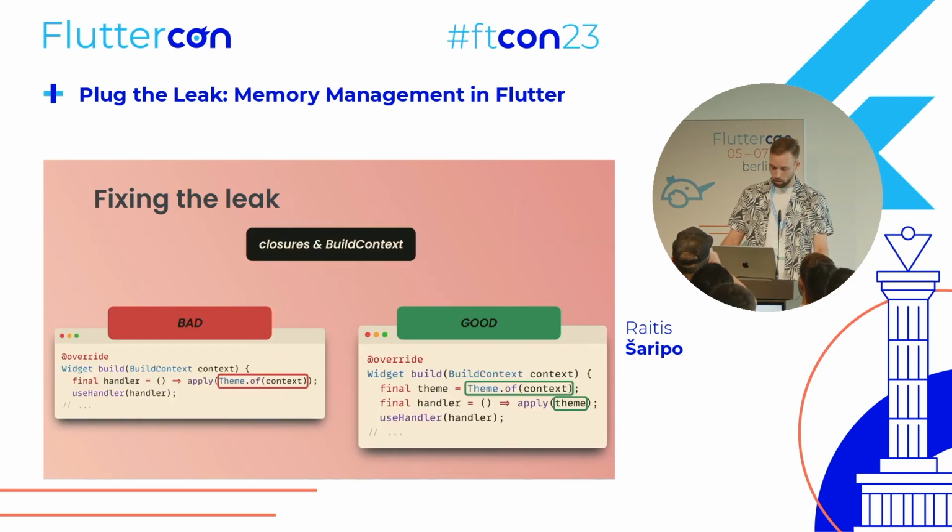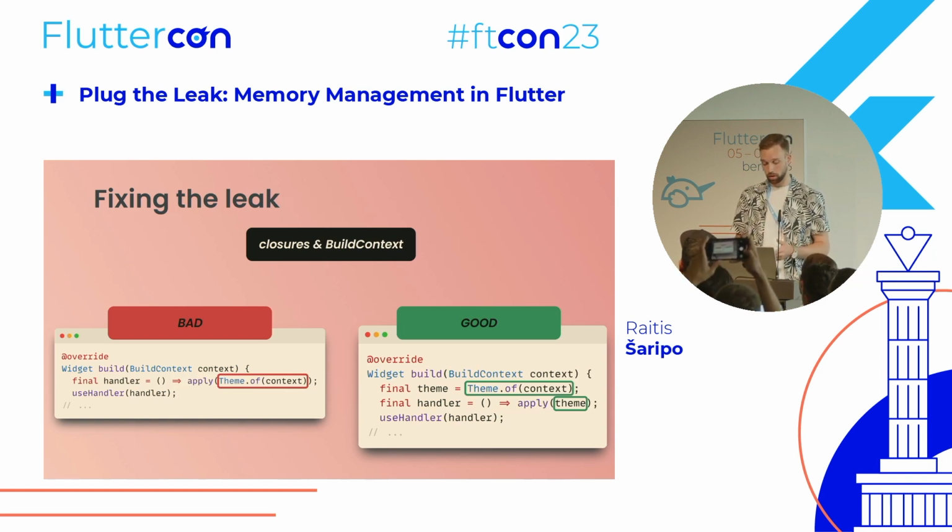But one very hard leak pattern to catch is related to storing large short-living objects within the context of a closure. If you look at the example on the screen, on the left side, we are storing the entire BuildContext object in the closure, in a handler, and that handler is used somewhere else.